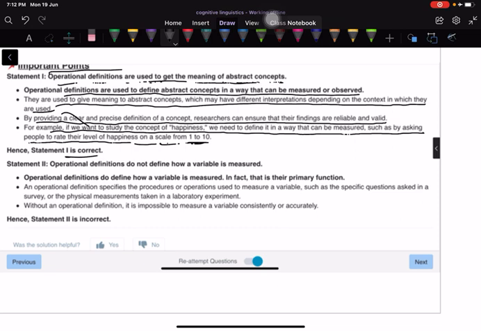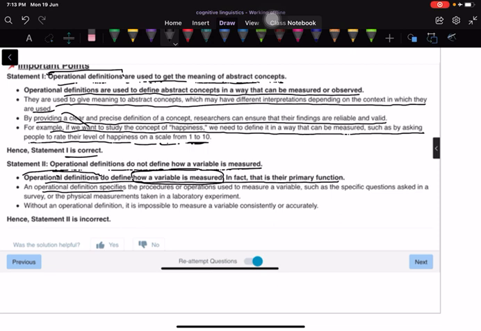Now, the second: operational definitions do not define how a variable is measured. That's incorrect. Operational definitions do define how a variable is measured. In fact, that is their primary function.